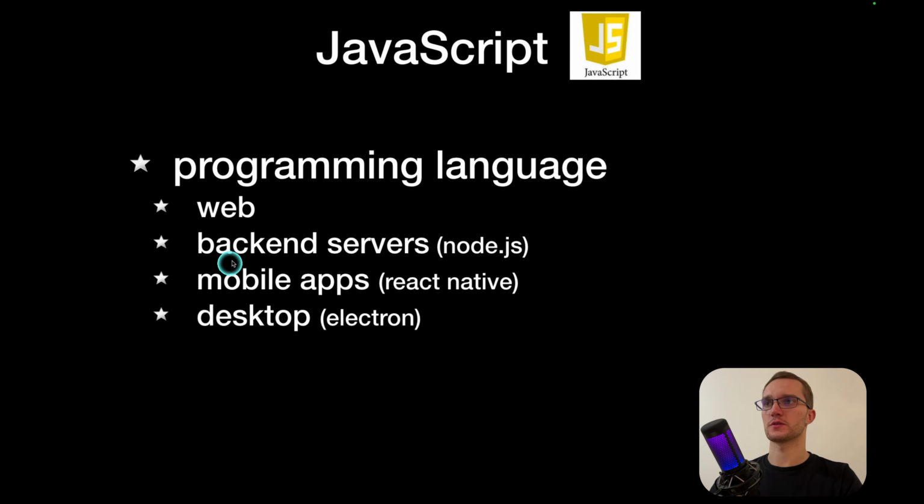It's also for backend development, like writing in Node.js. It's also for mobile apps, writing in React Native. That's actually what I have my pet project written in, Node.js and React Native. And actually what I also use at work. Then you can also write desktop apps using JavaScript and Electron.